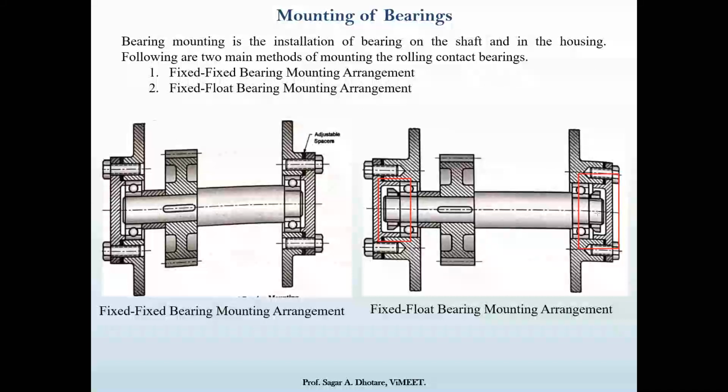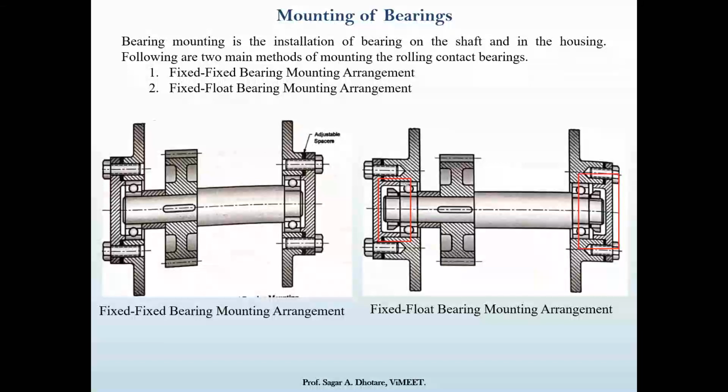The outer race of the left side bearing is held in position by a cover plate, and the outer race of the right side bearing floats in the housing. As shown in the figure, the left side is constantly fixed and the right side is floating.